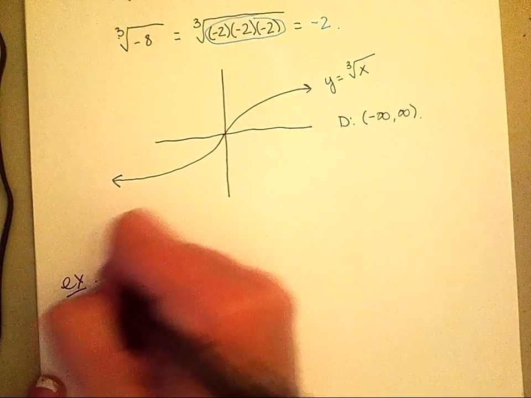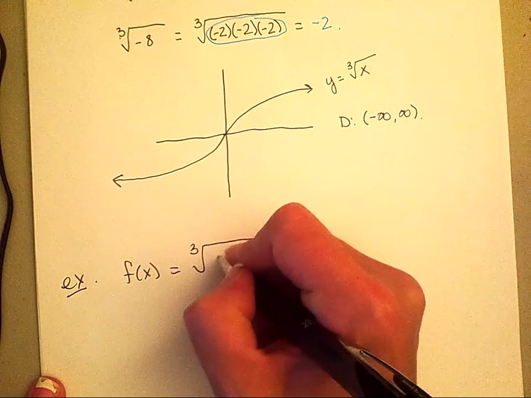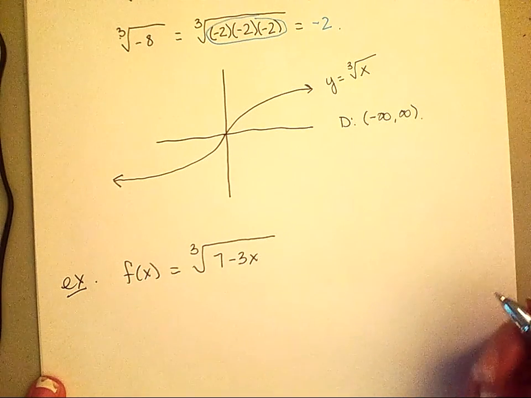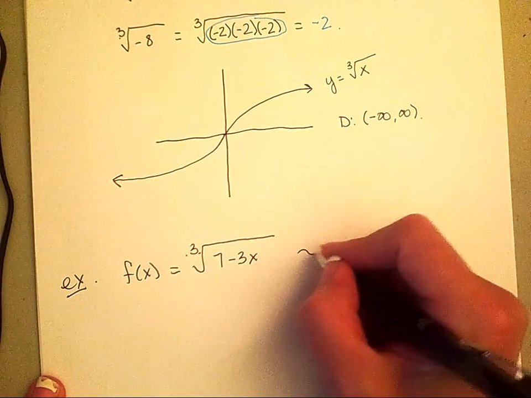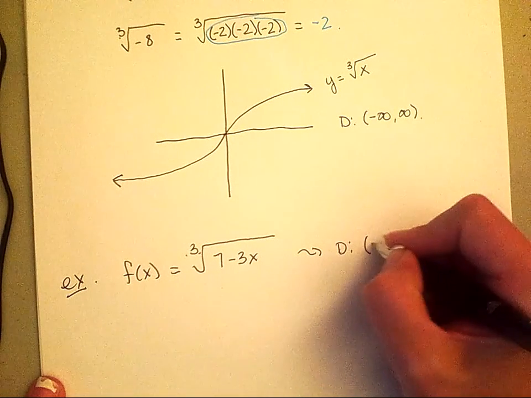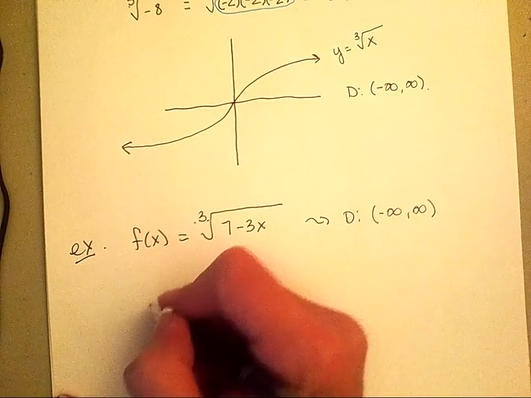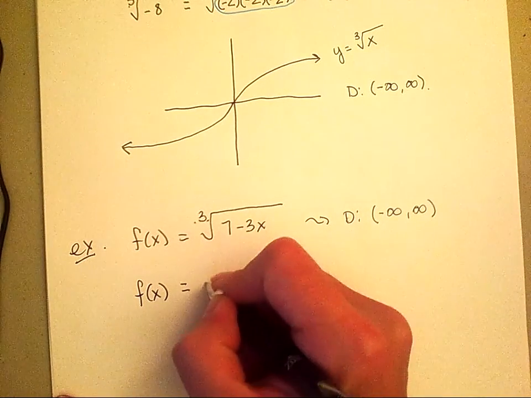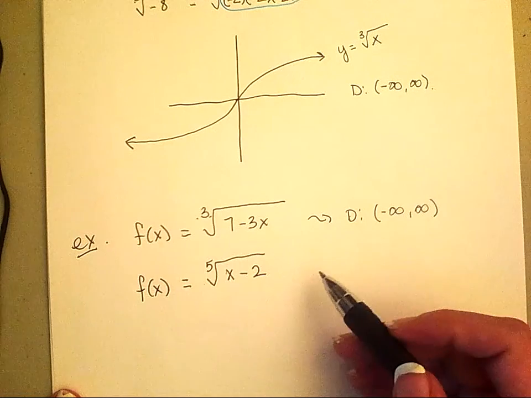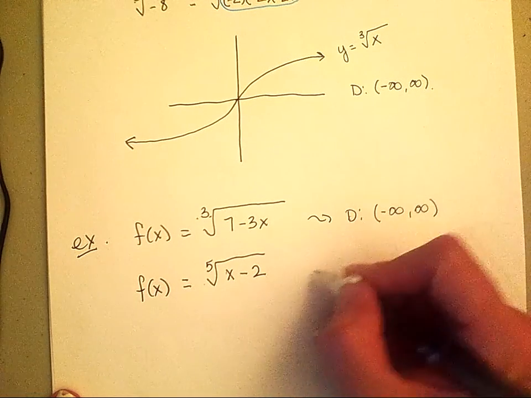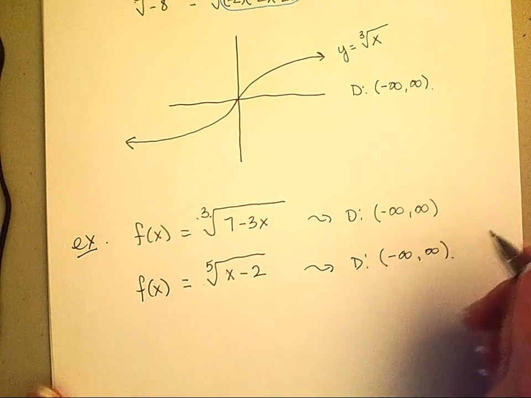So then, for example, if we're asked about the cube root of 7 minus 3x, we can look at the index on the radical, find out that it's odd, and we can immediately say the domain must be all real numbers. We could also look at the fifth root of x minus 2. We look at the index here. It is an odd number, and therefore the domain is all real numbers.